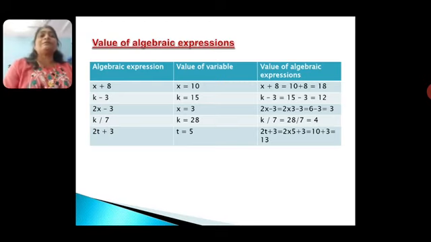Similarly, k by 7. If k is equal to 28, then k by 7 is equal to 28 by 7 equals 4. Next example, 2t plus 3, t is equal to 5. Then the value of expression 2t plus 3 equals 2 into 5 plus 3, 10 plus 3 gives 13.